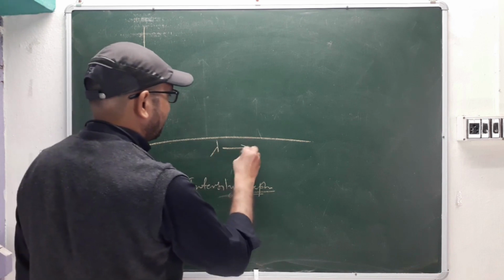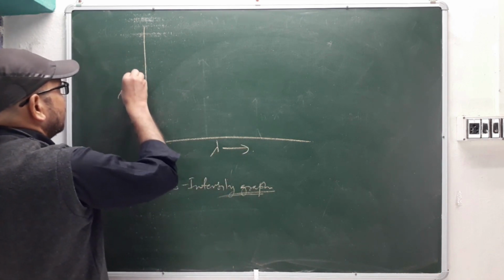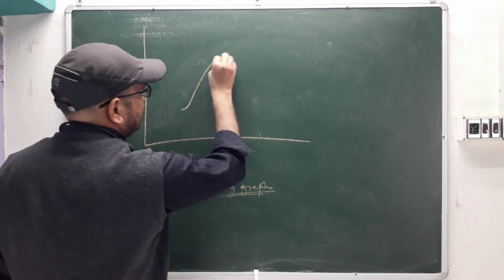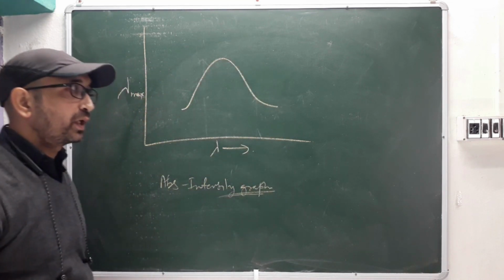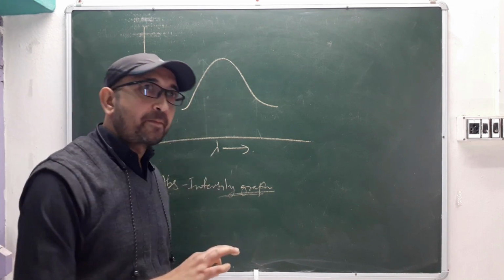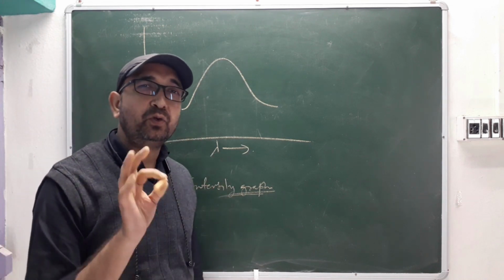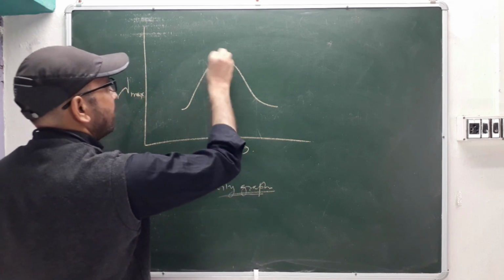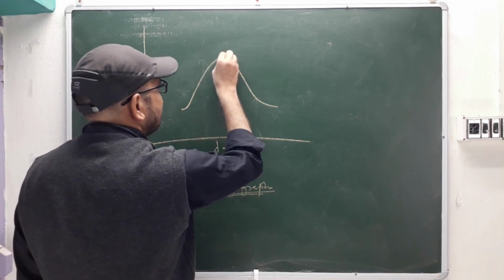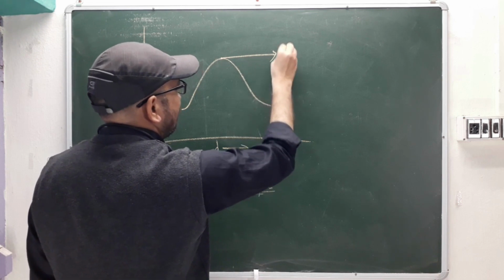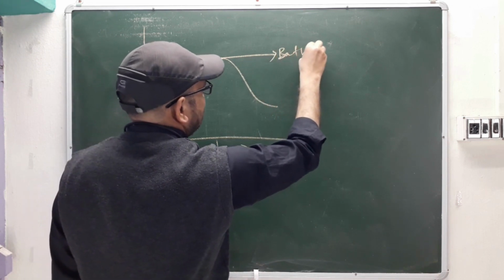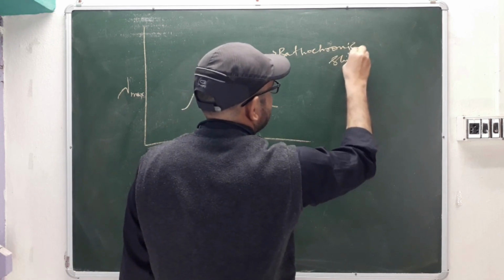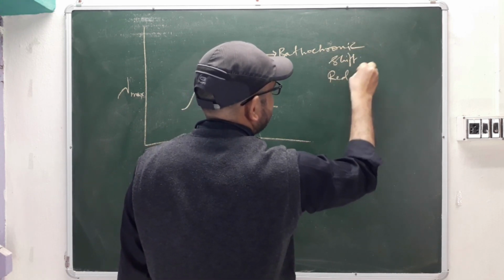Here it will be wavelength, and here lambda max. Suppose normally the peak is here. Now if we add some functional group, an auxochrome, what will happen? Suppose the peak shifts to this side, so what we call the bathochromic shift, or we call it red shift.